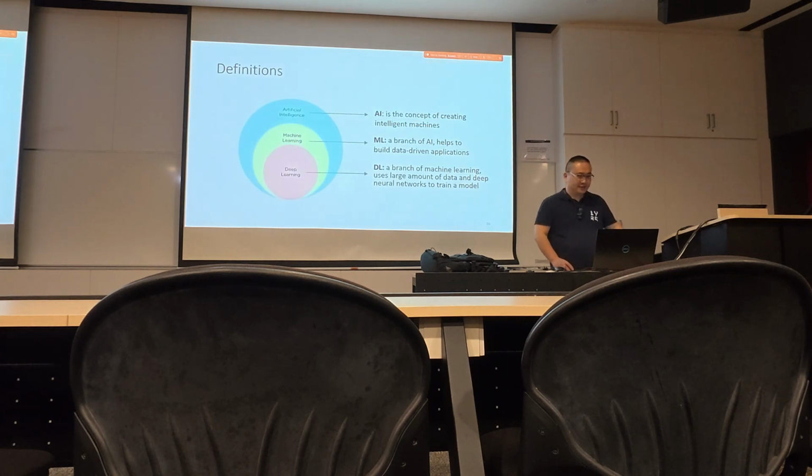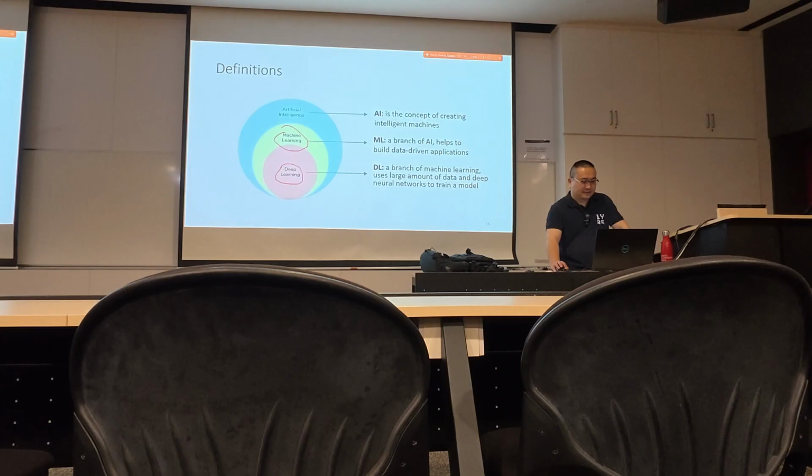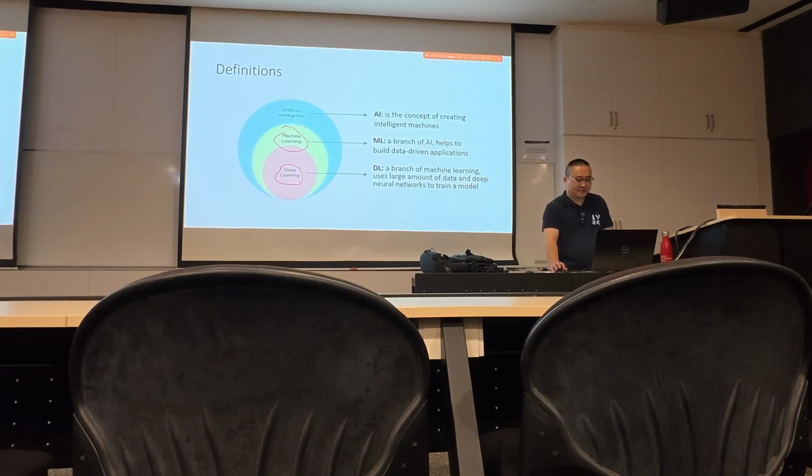And basically, AI itself is a very broad concept. And here in this subject, we are specifically interested in machine learning and deep learning. Technically, machine learning is just a branch of AI, because machine learning models are designed as data-driven applications.